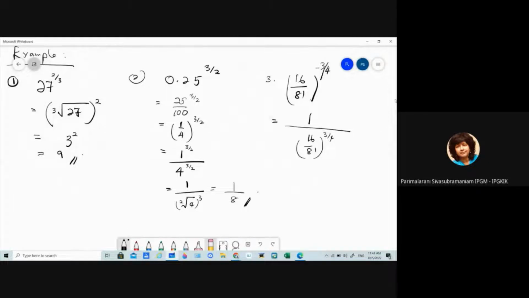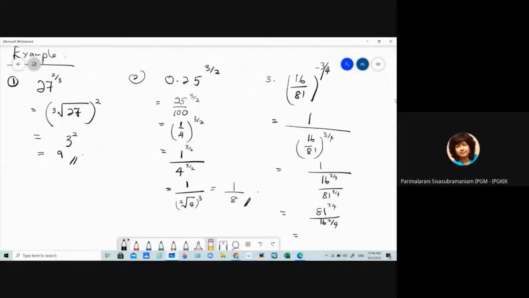Okay, so what does this mean? This actually means it is 1 over the numerator and the denominator, each to the power of 3 over 4. That means 1 over 16 to the power of 3 over 4 over 81 to the power of 3 over 4. 1 over 16 to the power of 3 over 4 divided by 81 to the power of 3 over 4 is 81 to the power of 3 over 4 over 16 to the power of 3 over 4.